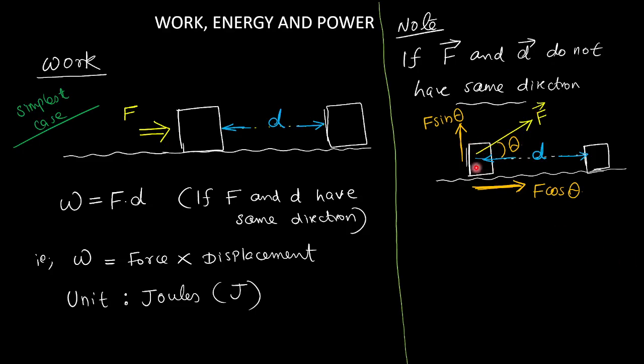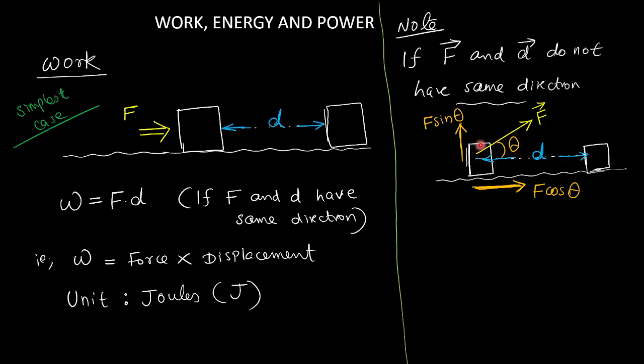The body gets a horizontal push. Because of this F, the table experiences some horizontal push. It has a magnitude F cos theta. And because of this force, the body also experiences an upward push, but due to the weight of the body, it does not move upward.